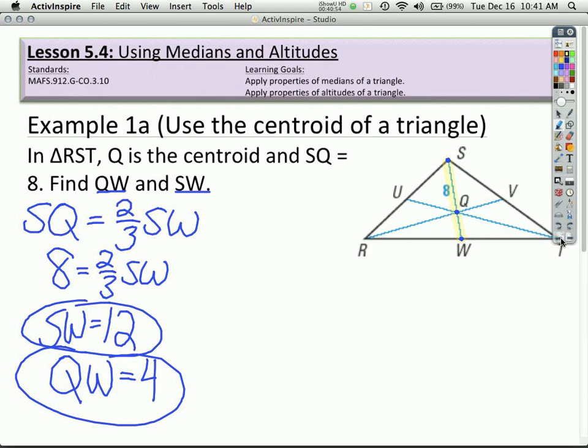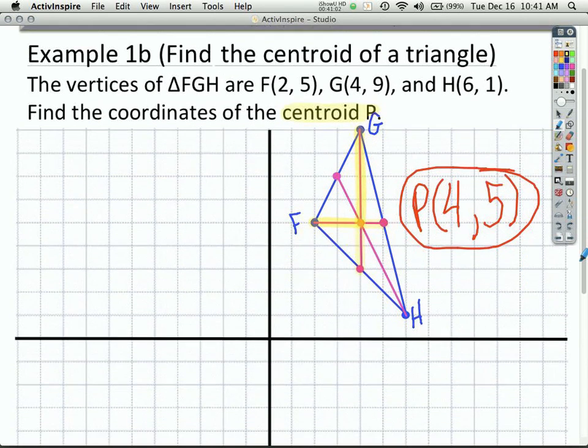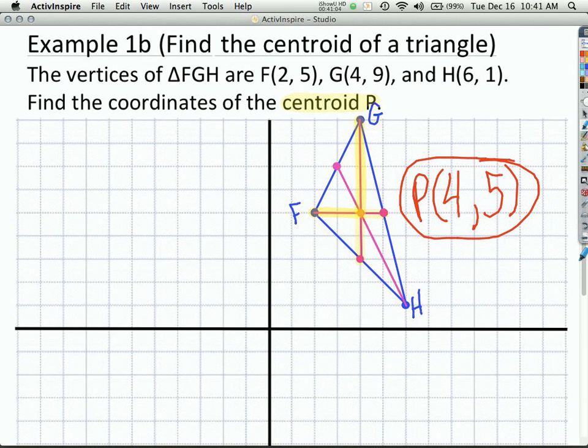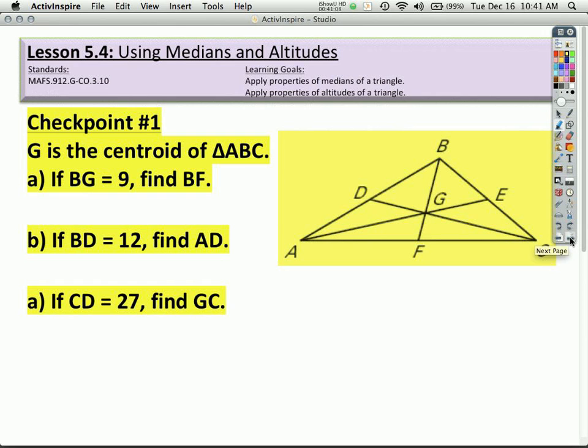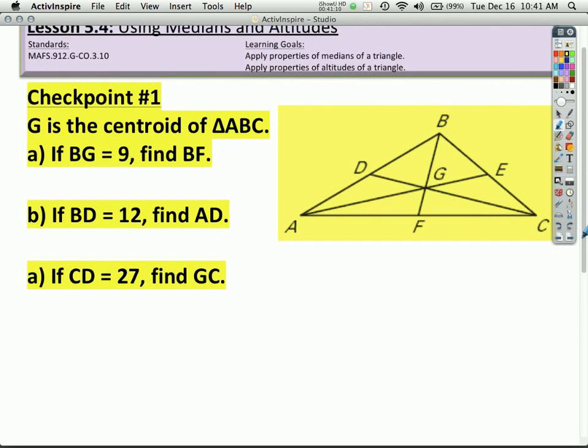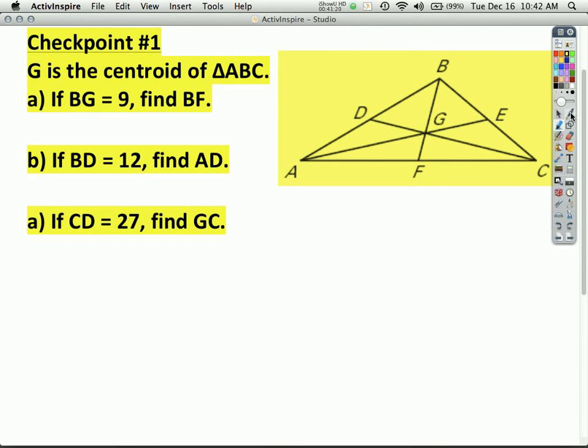So we started out using the centroid to find a missing piece of information, or 2 missing pieces. And then we learned how to actually find a centroid itself. Any questions or comments? All right, so let's see what you can do on your own with checkpoint number 1. You do not have to draw anything, but you need to find me the answers to 3 questions. Part A, Part B, and I don't know why that says A again, that should be Part C. So I apologize for that.